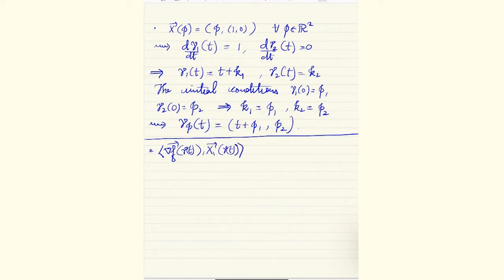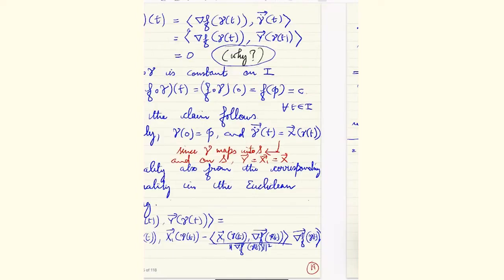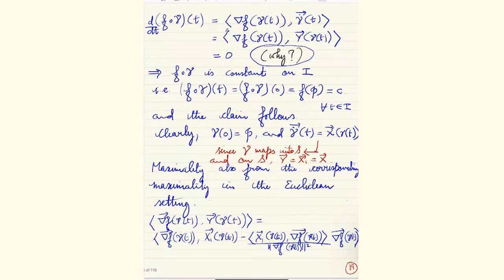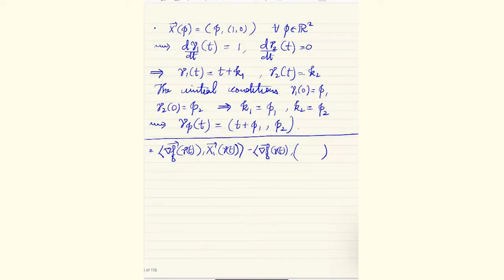And the second one, you now see why you normalized it the way you did. The normalizing factor is a scalar, right? Times the gradient.